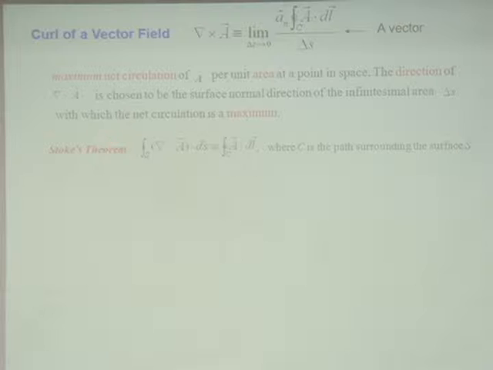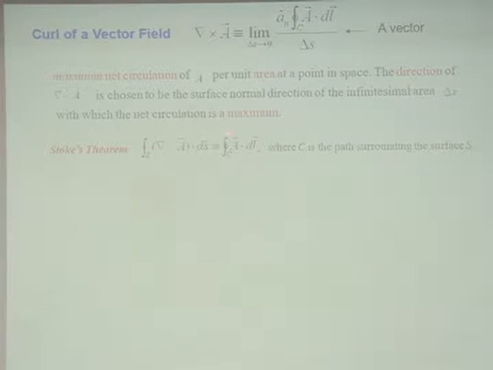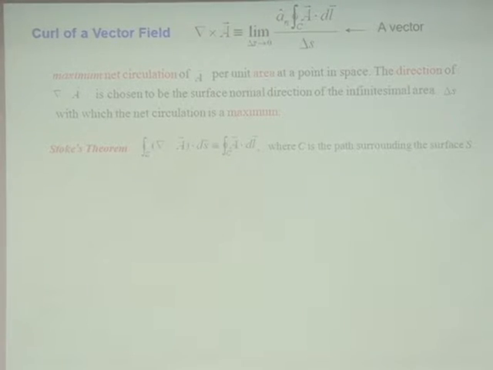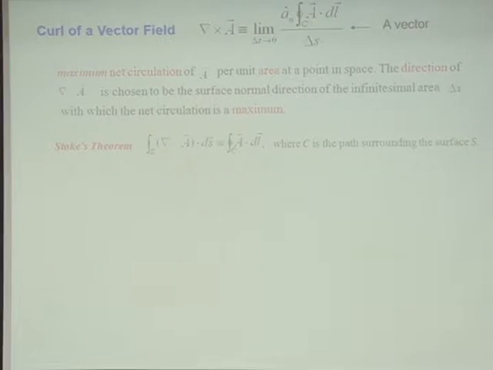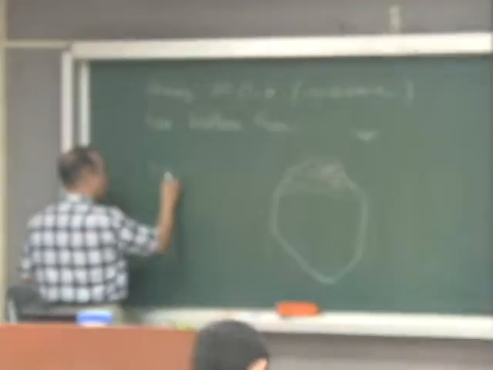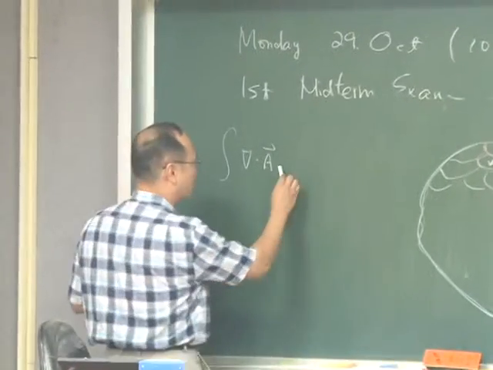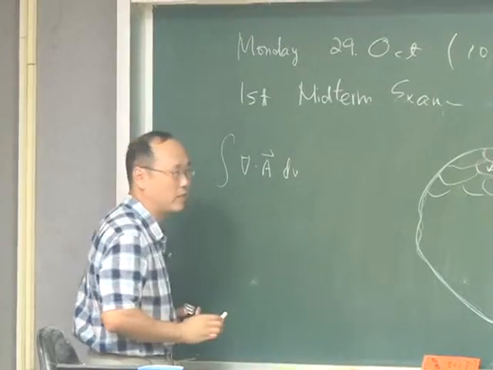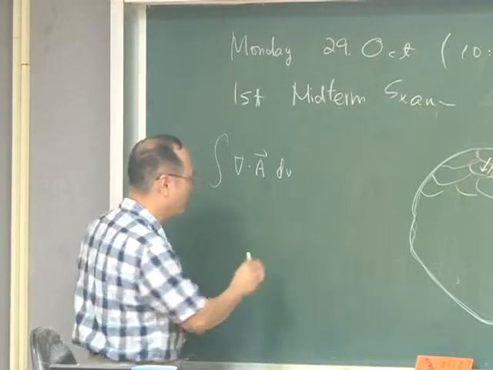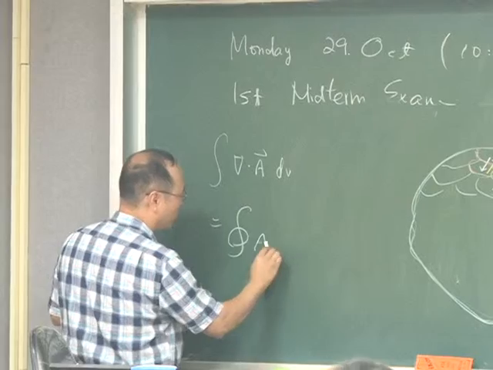you can find a Stokes theorem that allows you to convert the surface integration of curl of A into a cross-path integration. And you should compare this expression to the divergence theorem. The divergence theorem converts the volume integration of the divergence of a vector into a surface integration.